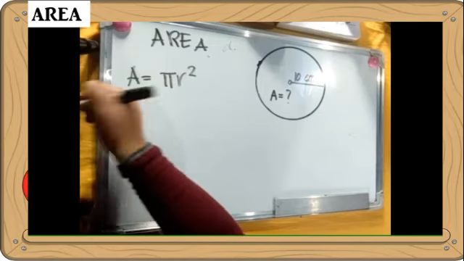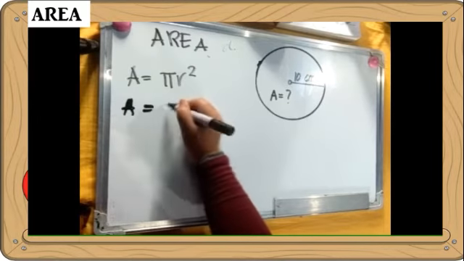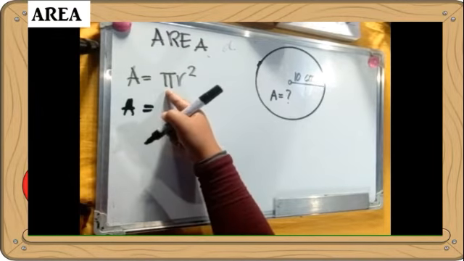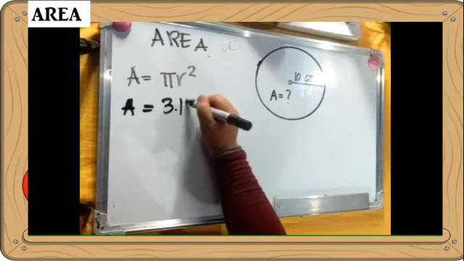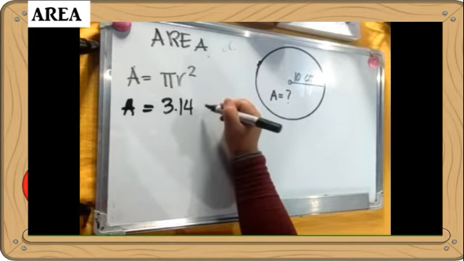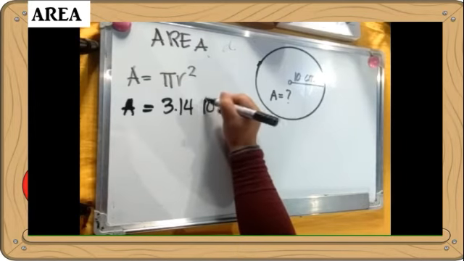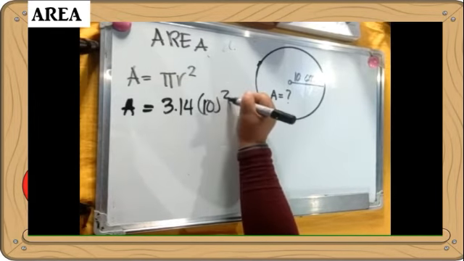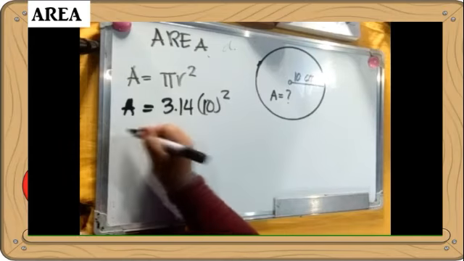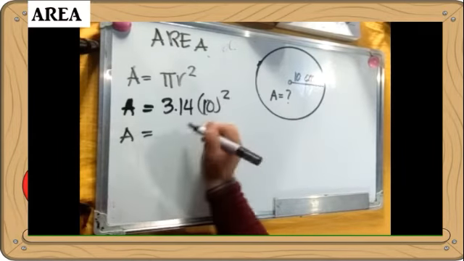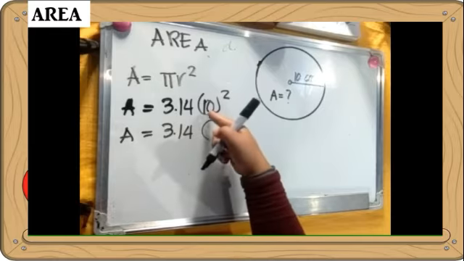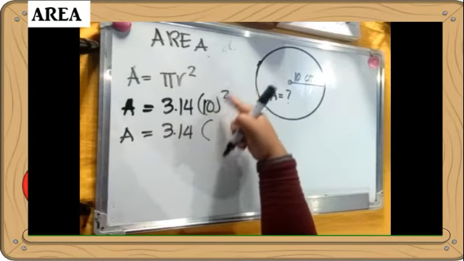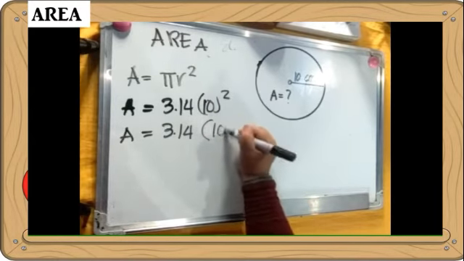Oh, so, we have area. We have, what is the value of pi? It is 3.14. What is our radius? It is 10 squared. Okay? So, we have 3.14 times 10 to the power of 2 or 10 squared, we have 100.